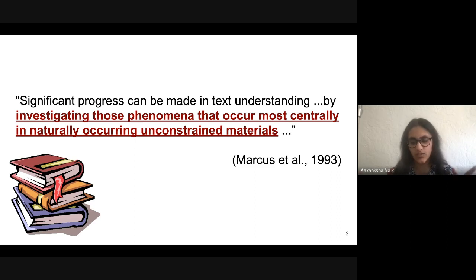And this was a worthy goal, and this ensured that the benchmark datasets that followed the Penn Treebank paper all provided a common evaluation platform for models to be calibrated against and to be evaluated on.